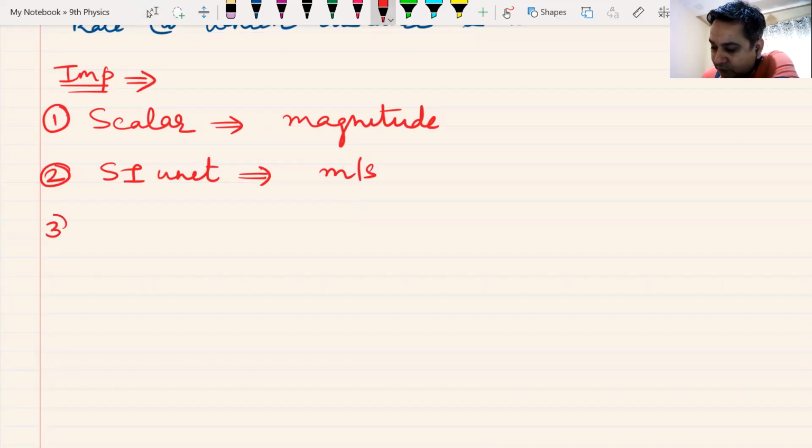Number three. Now see, speed is the rate at which body covers distance. Can a body cover negative distance with time? No, it cannot cover negative distance with time, and hence speed is a positive quantity.